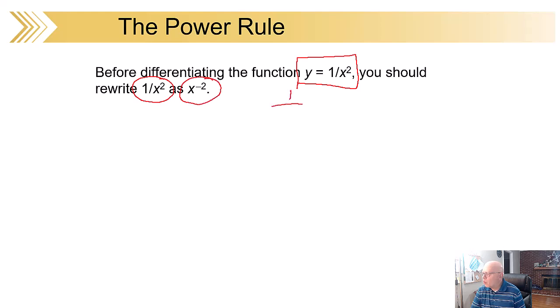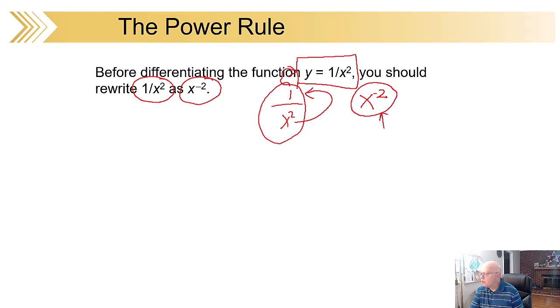Remember, 1 over x squared. If you bring this x squared on the top, you change the sign of the power. The reason you would want to do that is because with the way it looks originally here, you can't use the power rule. But if you change the look, if you rewrite it so it looks like this, you can use the power rule.